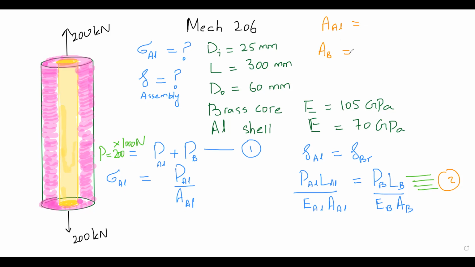That's 4.9 times 10 to the power minus 2. Good. 4.9 into 10 power minus 2 meter squared.